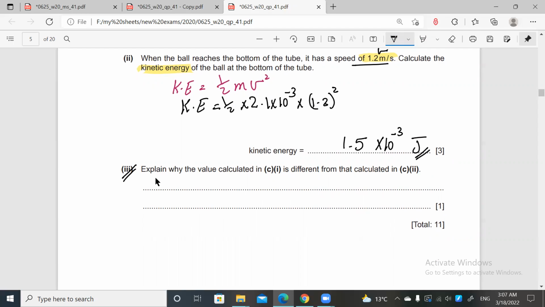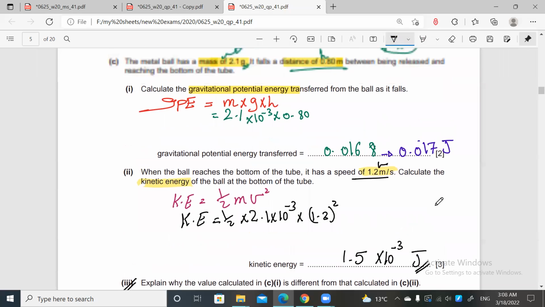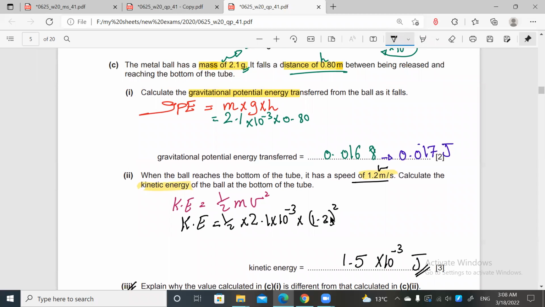In question number 3, you will explain why the value calculated in C1 is different from that calculated in C2. That is, why the calculation is not the same.